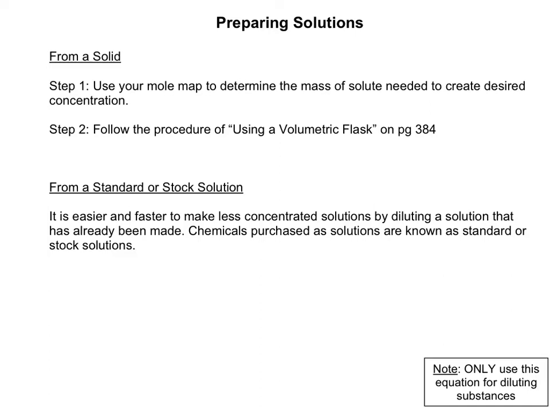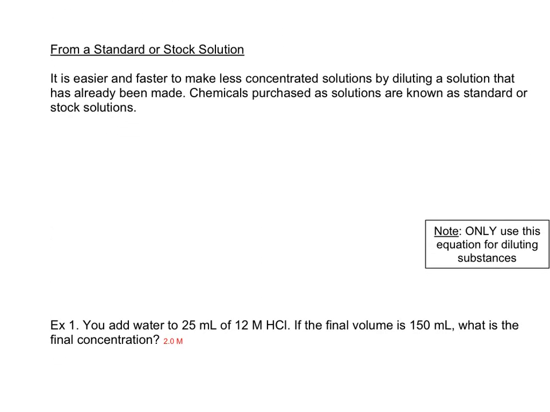In the space below, we'll derive a math equation specifically for doing dilutions. If we start off with a stock solution with a certain concentration, we'll call that C1. It's going to equal the number of moles of solute divided by the initial volume of the solution, V1.